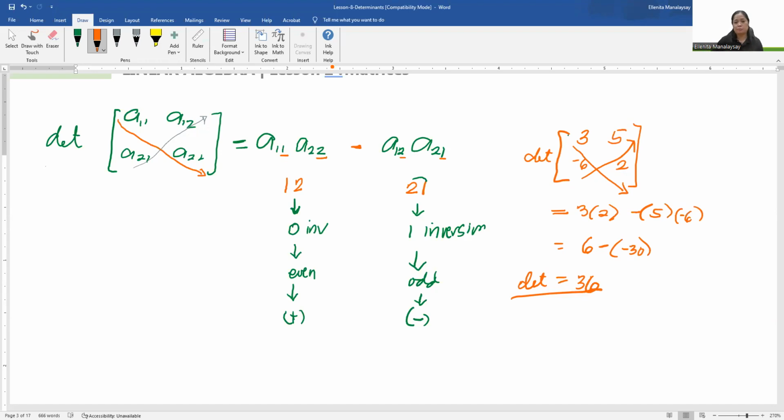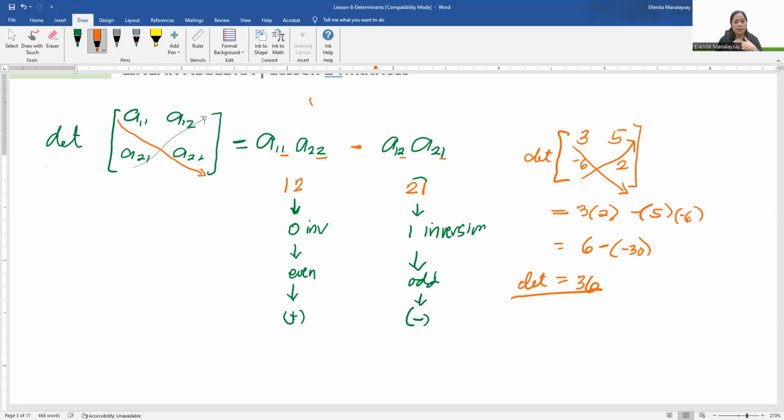That's the determinant. So for a 2 by 2, it is the product of the entries in the main diagonal minus the product of the entries in the other diagonal. And I think some of you are familiar with this process. It's just that it was only taught that way: take the product on the main diagonal minus the product on the other diagonal, and that's it.